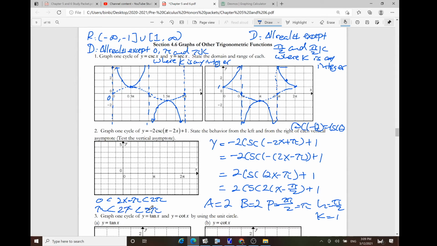Okay, so 3 pi, and then divided by 2. So pi over 2. Divide everything by 2, and it ends at 3 pi over 2. So one cycle starts at pi over 2 and finishes at 3 pi over 2.